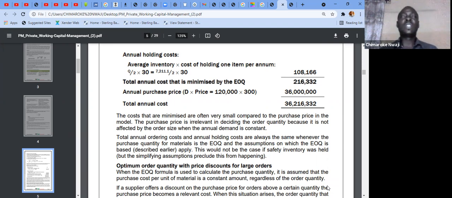Also, it's not possible that price will always remain the same irrespective of the order. Let me use an example, data. You might buy data for 3,000 naira, and it might give you 10 gig. If you buy 3,000 naira for 10 gig, it means you are spending 300 naira per gig.